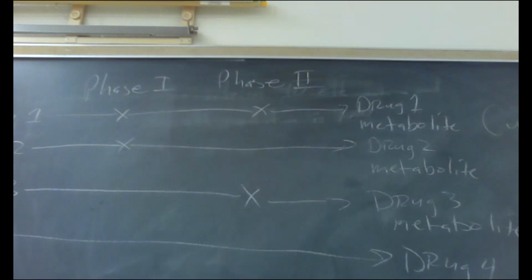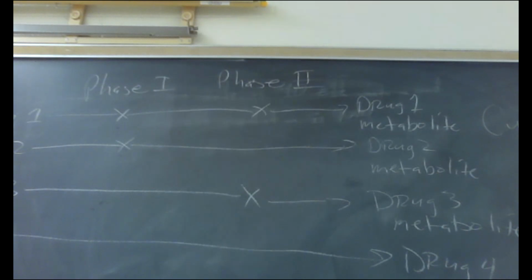Look up fluoxetine. Ask what liver enzymes fluoxetine inhibits. So it's different enzymes. If one enzyme metabolizes this one and a different enzyme metabolizes that one, usually it's okay to take them together.